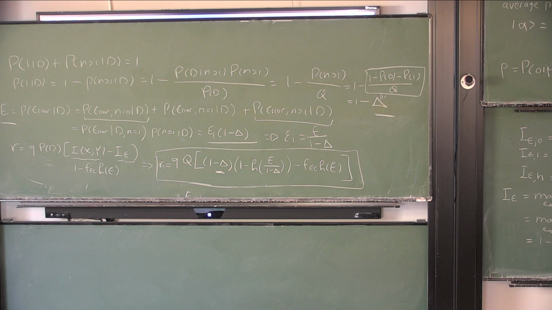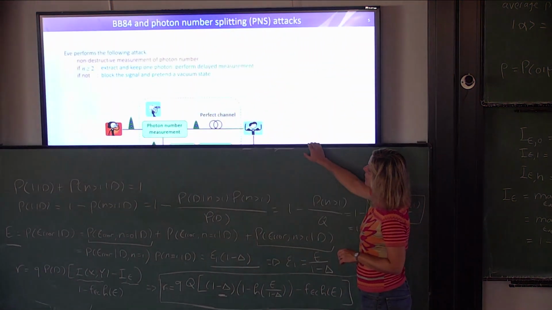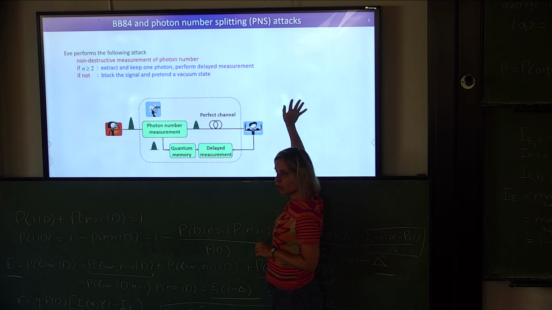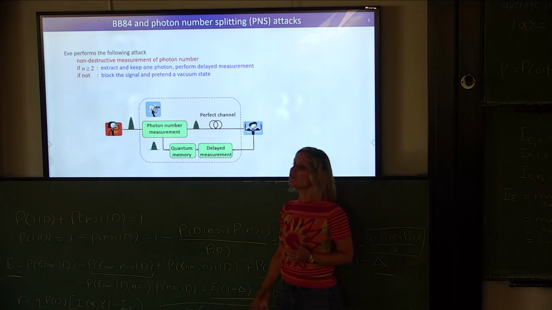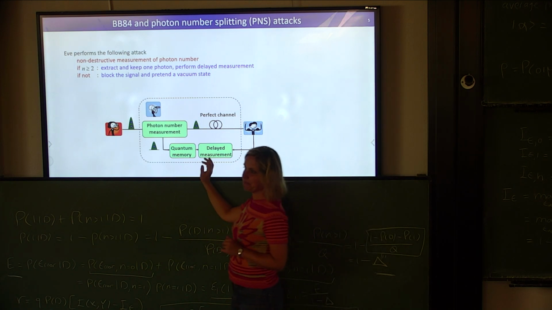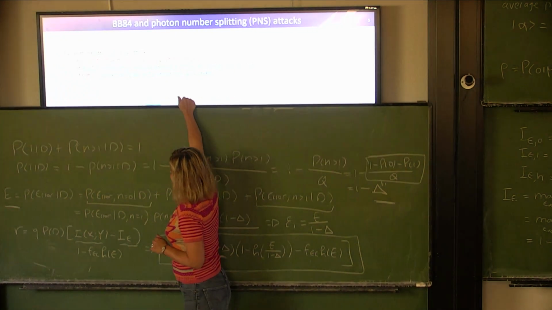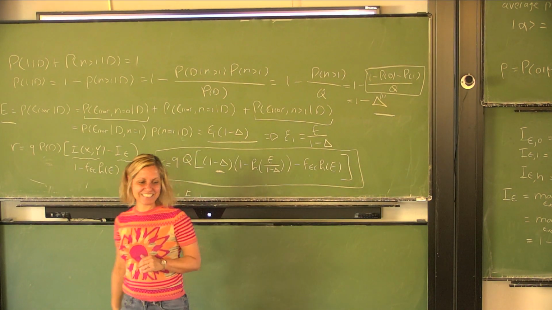Indeed, we are going to introduce losses afterwards, but essentially, by doing all of this, I have already considered that everything is perfect, that Eve has replaced the lossy channel with a perfect one, and she can also fully control the detector imperfections. That's why they don't come into the picture at all. It's the worst case scenario, let's put it that way.